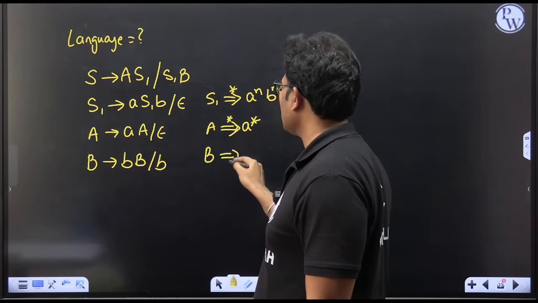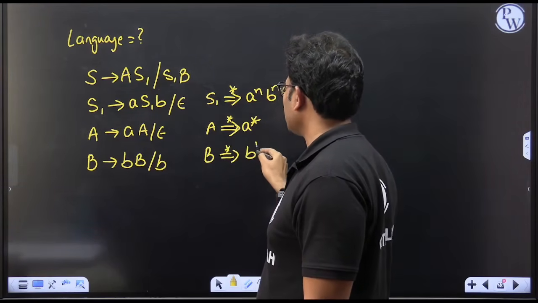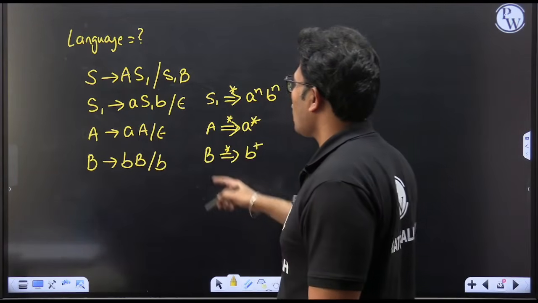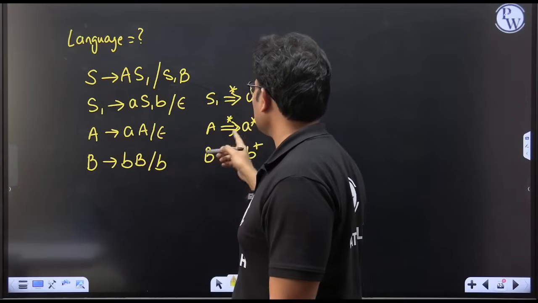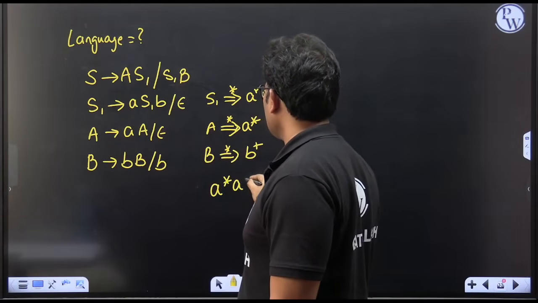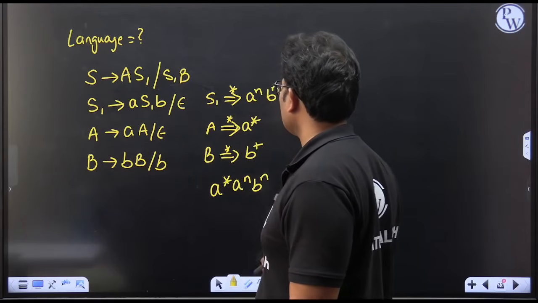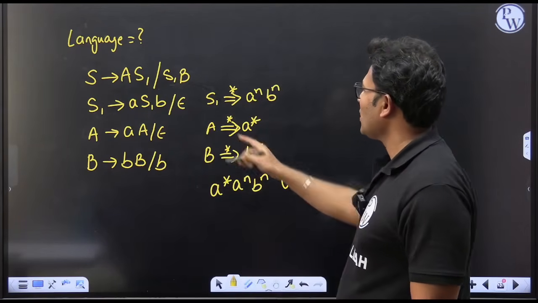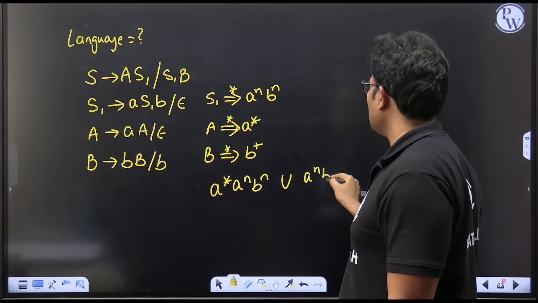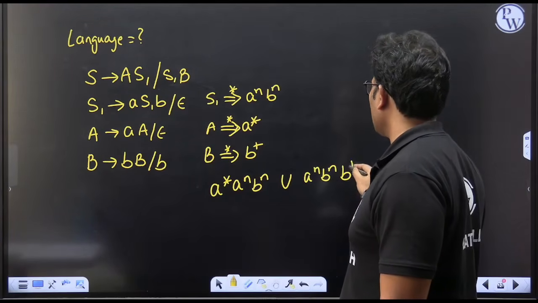B is generating b plus, right? Now what is A S1? A S1 is a star followed by a power n, b power n, right? Union. What is S1 B? S1 B is a power n, b power n followed by b plus, right?